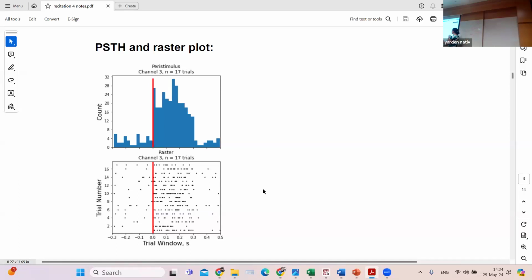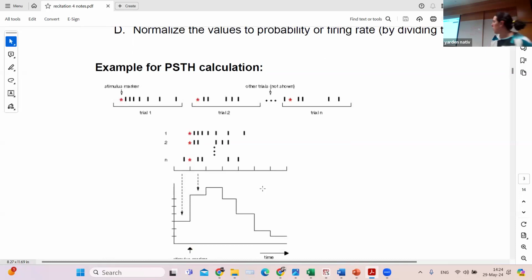Julia, you are asking about the size of these bins. How do I decide? I think that if you can stay at the highest resolution possible, I would stay at this resolution. And only then, after I average, if I want to clean to have a better SNR, only then I would use a convolution.